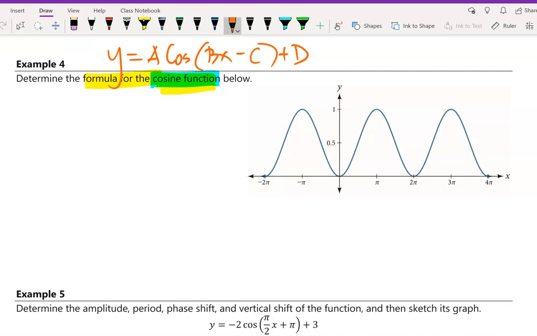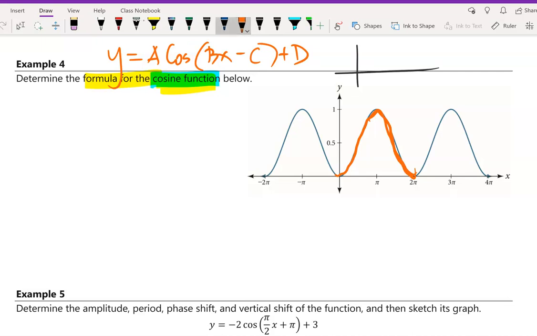Here, by looking at this graph from 0 to 2 pi, earlier, when we graph cosine from 0 to 2 pi, it looked like this. Here it started from the bottom, so that's why A must be negative.